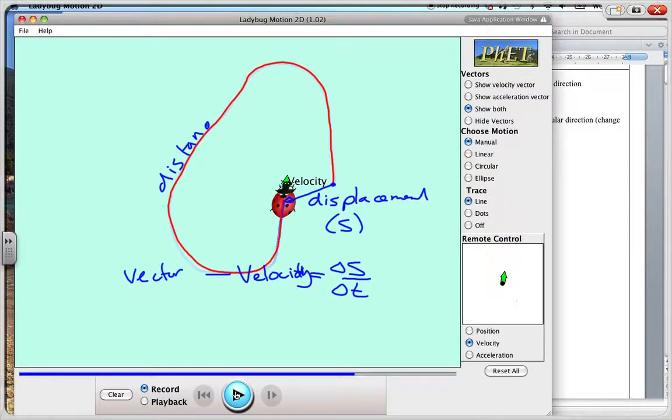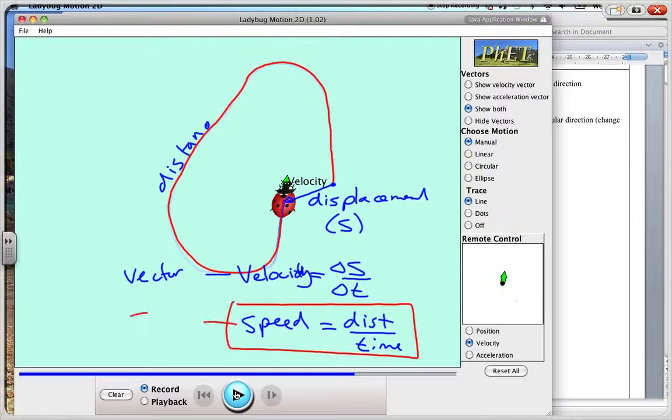But when I take my distance over my time, I get speed. So speed, when we are dealing with this in physics, we always look at speed as distance over time. It's a scalar, where velocity, which is displacement over time, is a vector.